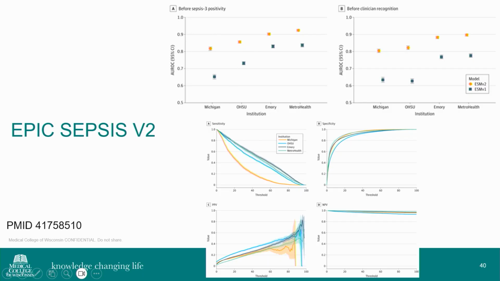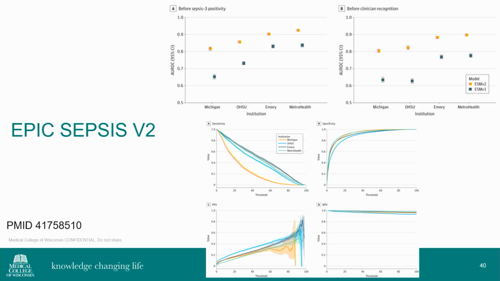But we again see variation in performance of the algorithm. At Michigan, even the new algorithm was about 80% sensitive, versus at Metro Health or at Emory, which probably more closely mimicked the population that was used to train the algorithm, we see closer to about 90% performance.